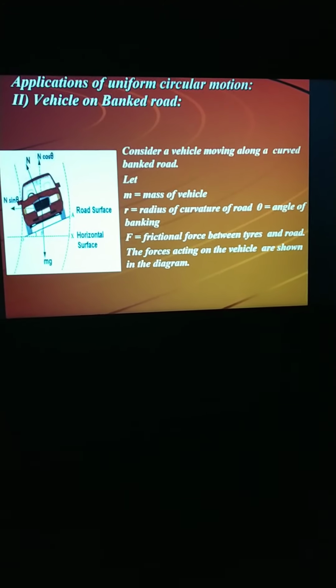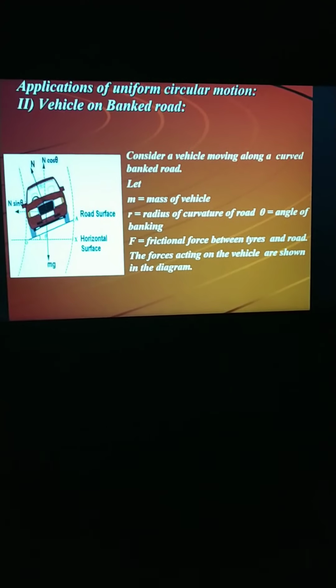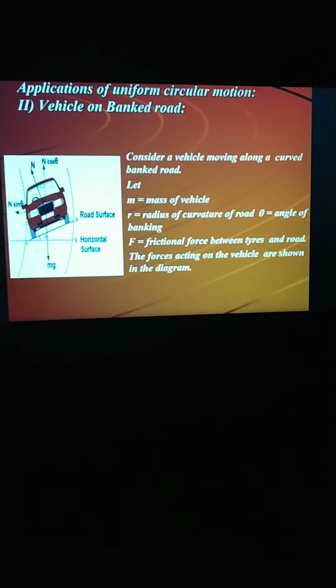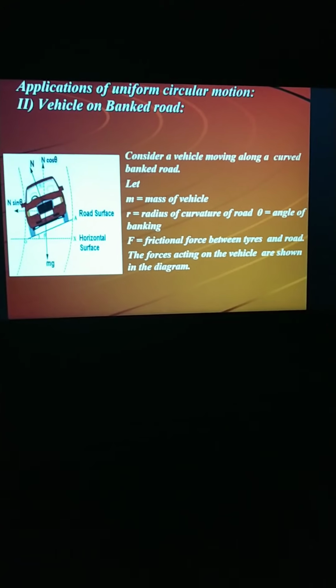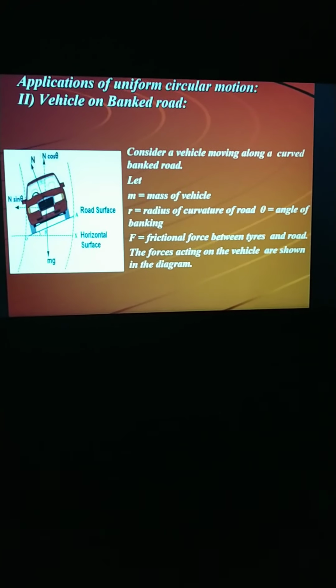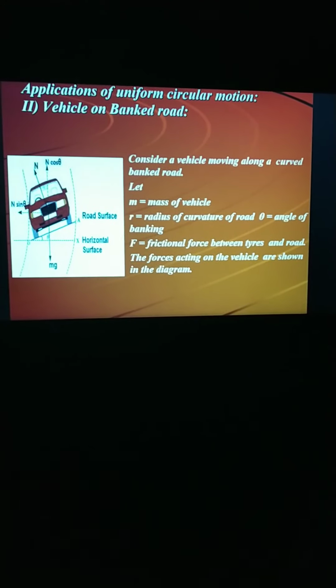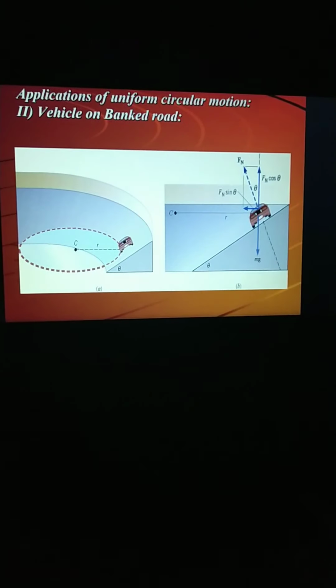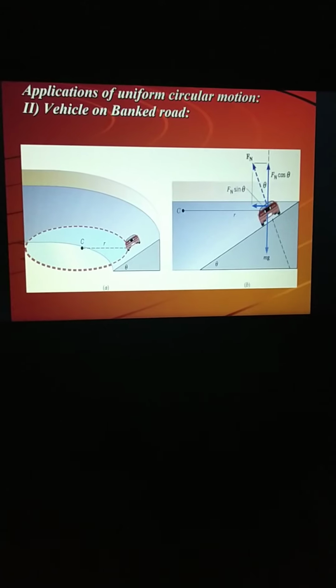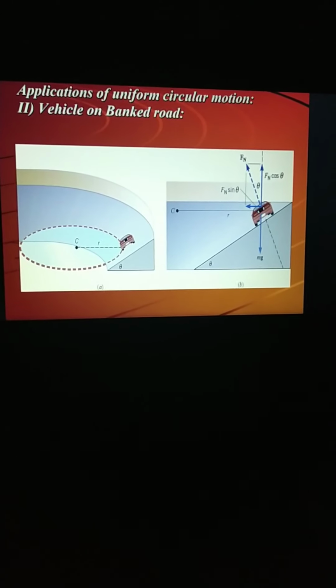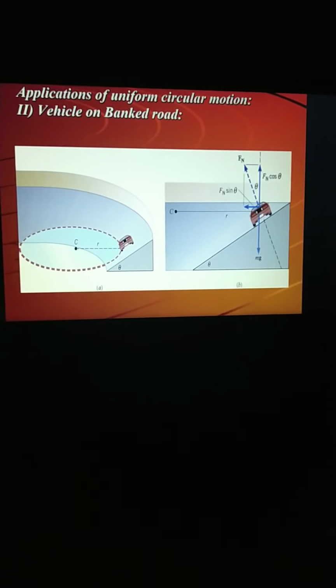For that we will consider again a vehicle. We consider m as the mass of the vehicle, r the radius of the curve, theta the angle of banking, and f the force of friction between the tire and the road surface. You will consider many components of forces here.